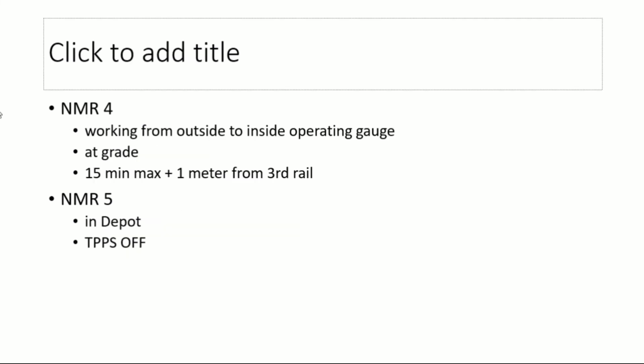And other than that, there's a NMR4, NMR5. NMR5 is in depot where the third rail is turned off, and NMR4 is working from outside to inside operating gauge. At grid, for example, orang potong rumput nak masuk ke dalam operating gauge sebentar, so they have to apply for NMR4 lah.